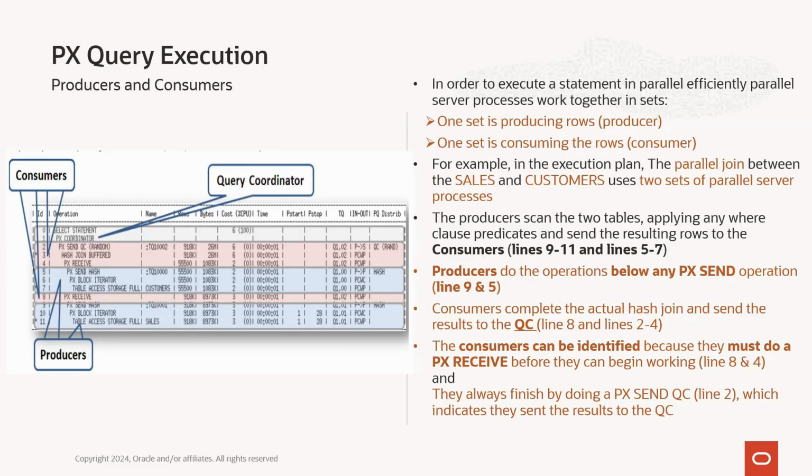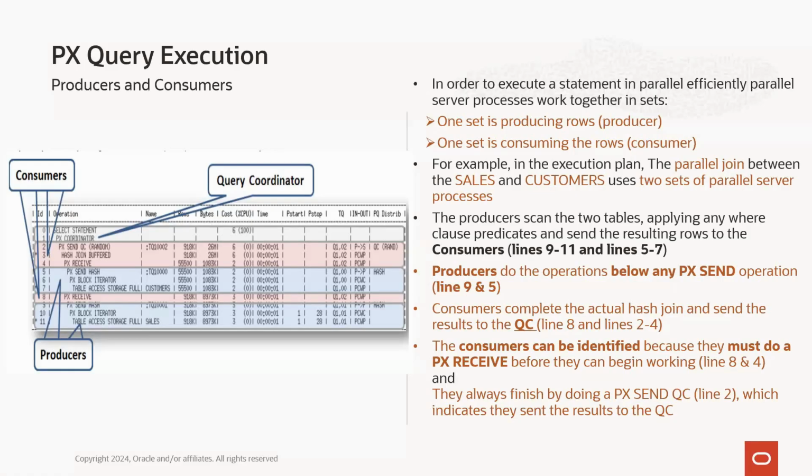The consumers in this case, we can see at line IDs 9, 11 and 5, 7. Producers do the PX send operation, that is lines 9, 2, 9 and 5. These are the line IDs where the producers do the operation. Consumers complete the actual hash join and send the result to the QC, which is line ID 8 and lines 2 to 4 in the execution plan.